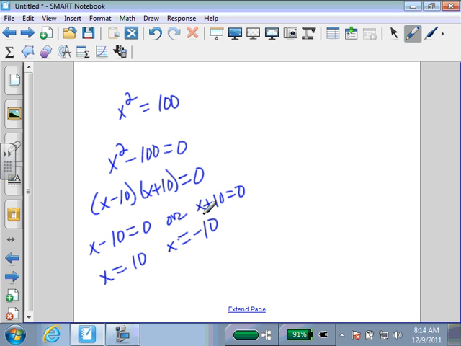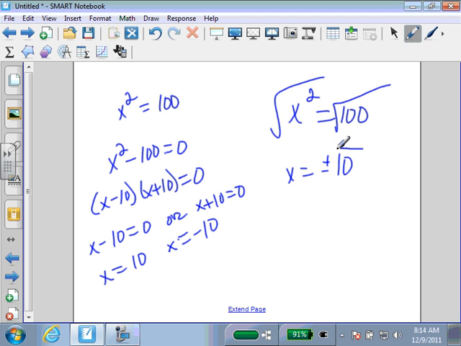I could also take the square root of both sides, but then I have to remember that x could equal positive or negative, so it can just be plus or minus 10. Notice these are the same answers.